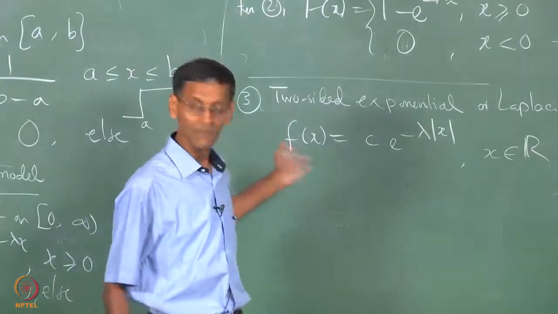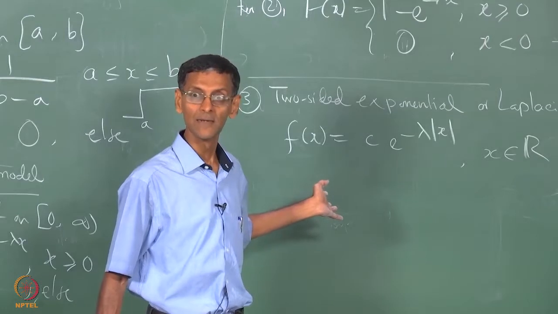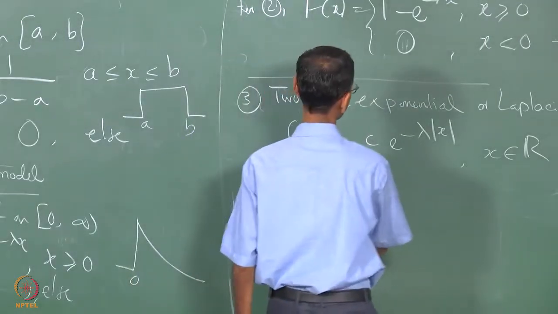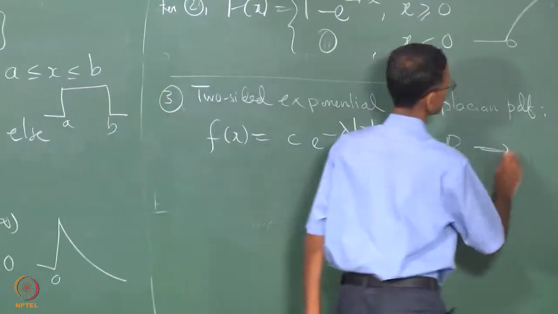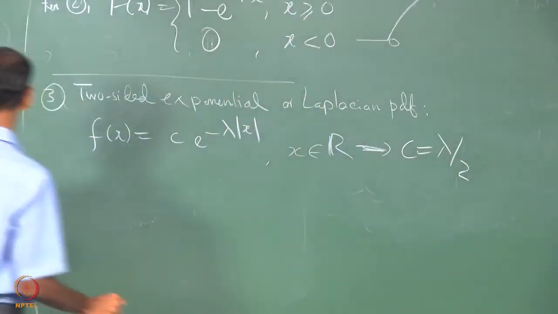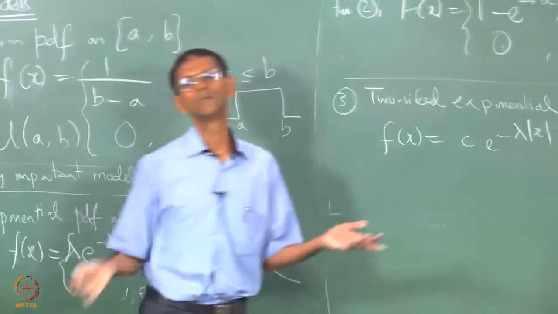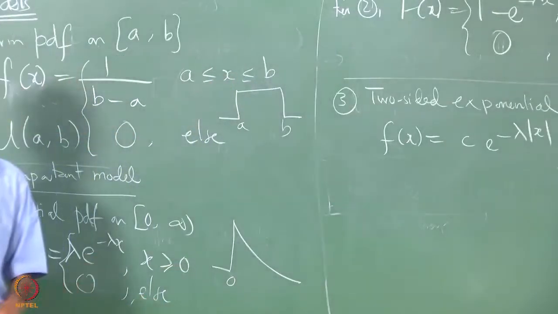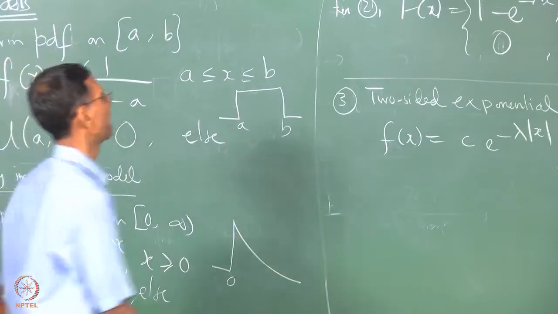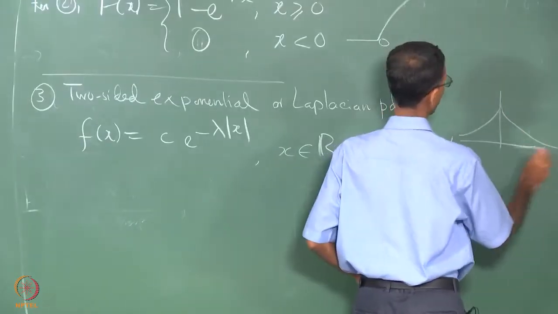So you can easily verify that C must be lambda by 2. So basically this lambda becomes lambda by 2 when you consider the same type of function over the whole real line. So the PDF looks like this.